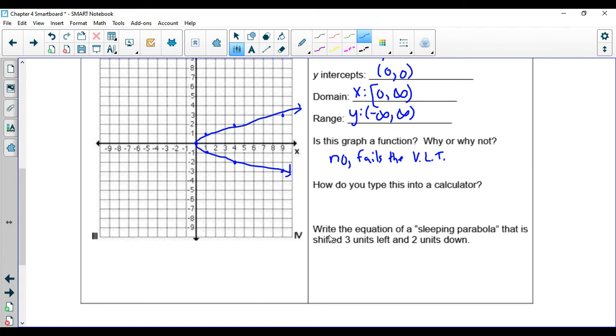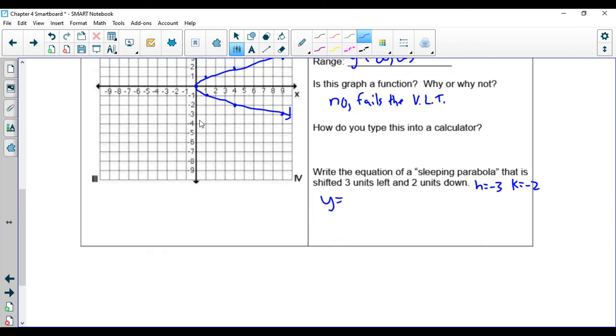Last part says, write the equation for a sleeping parabola that is shifted 3 units to the left and 2 units down. So, I'd have y equals. 3 units to the left would mean my h is equal to negative 3. 2 units down means my k is negative 2.